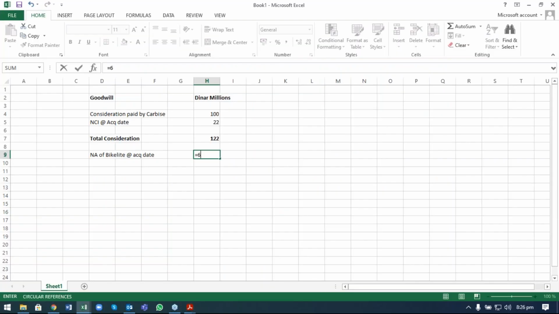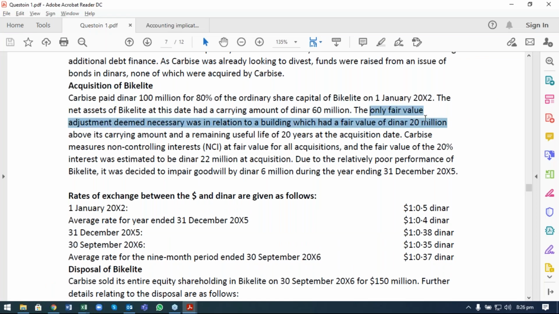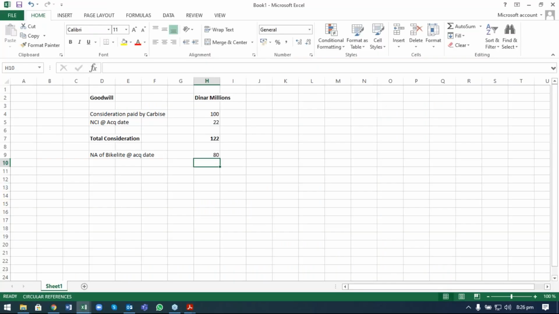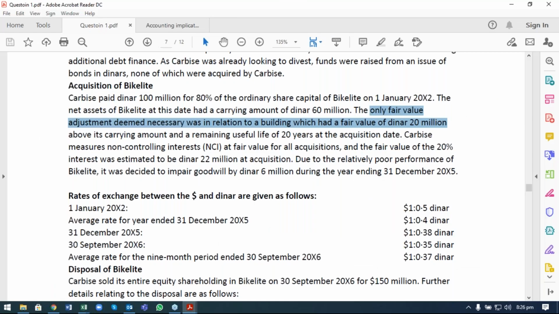On top of it there is a fair value adjustment related to a building, which is 20 million dinars in excess of carrying value. So this is a further 20 million. The fair value of net assets at acquisition date of Bike-Lite is 80 million.